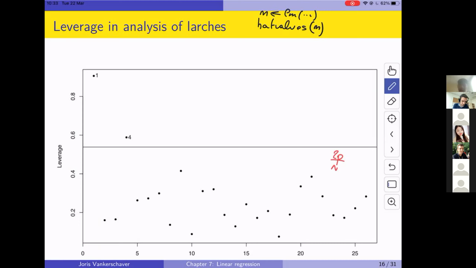So that works out to somewhere around 0.54, I think. This line is our critical line for when we consider the leverage to be extreme. And we see that there are 2 points with high leverage, point 1 here and point 4. But as I mentioned before, that means that we should have a look at those points to see what's going on, but that doesn't necessarily mean that those points are outliers.